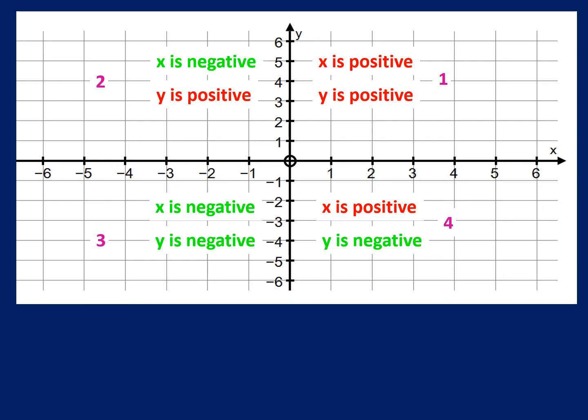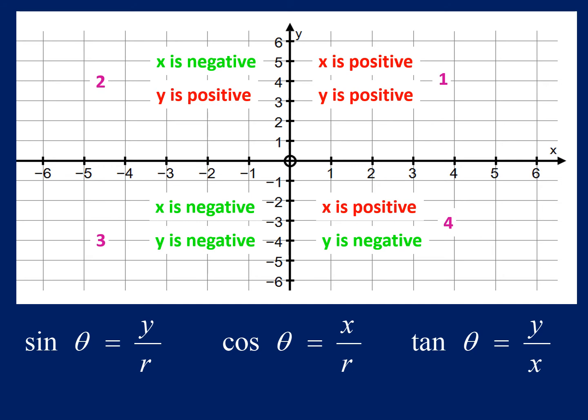Now we need to see how this influences each of our trig functions. What we need to remember though is r represents the radius. Radius is a distance, so the radius will always be positive. Now in quadrant 1, y is positive and r is positive. So a positive divided by a positive will give me a positive answer.